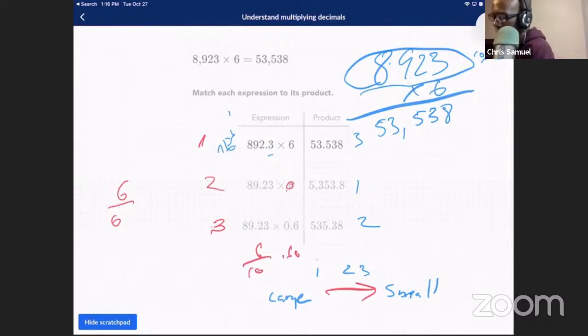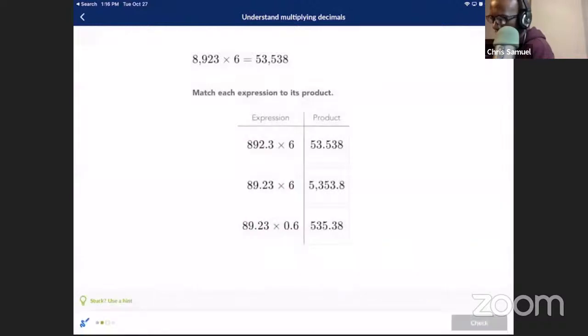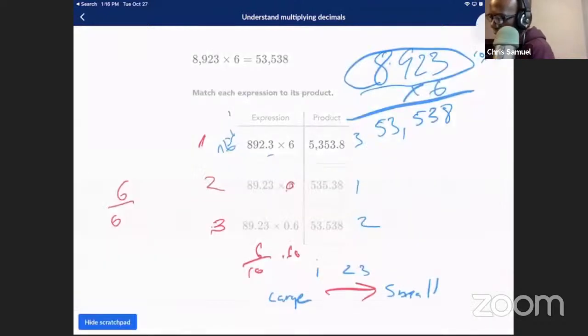So now that we know that, we can probably put together our numbers properly. We know that the largest number will probably be here. This would probably be the second one, which is right there, $535.65. That makes sense because if you have 80 times 5, think about that, it's 400.